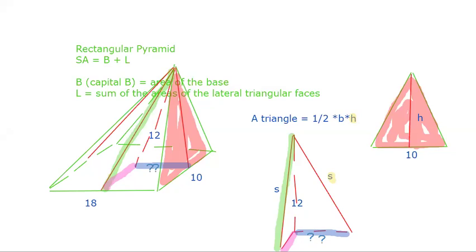Half of 18, because it comes right into the middle. So that is 9. Now the pink line, I'll put it with a heart. What is that measurement right here? That's half of 10. So that's 5.